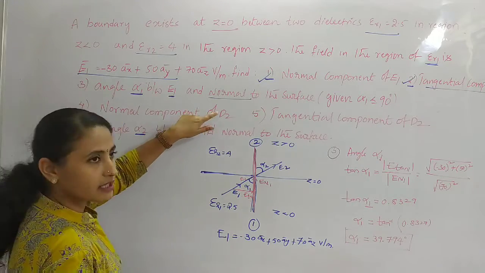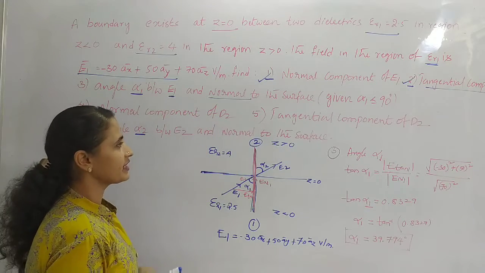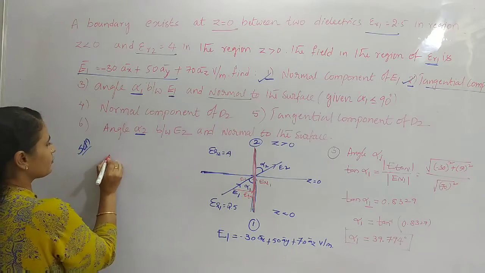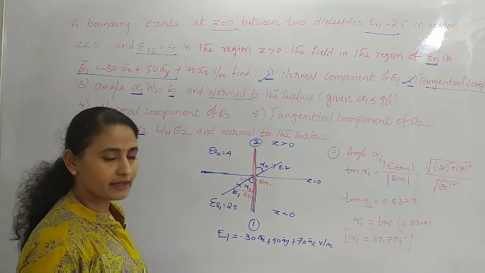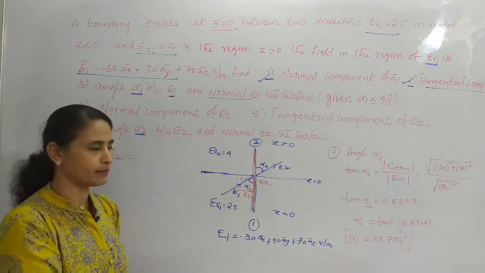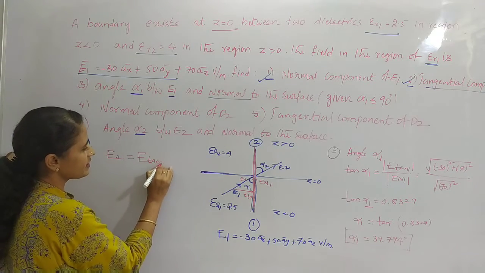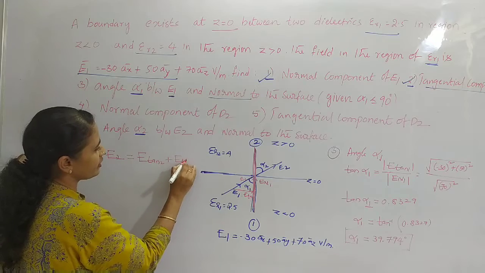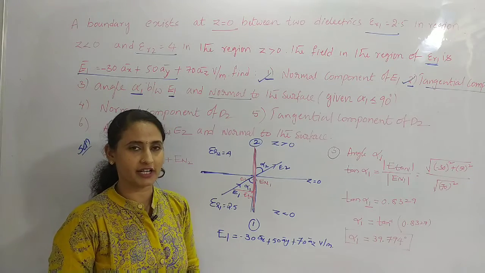Before getting the normal or tangential component of D2, first let us obtain E2. Again, E2 can be resolved into the sum of its tangential and normal components. Now here we are going to use the boundary conditions.